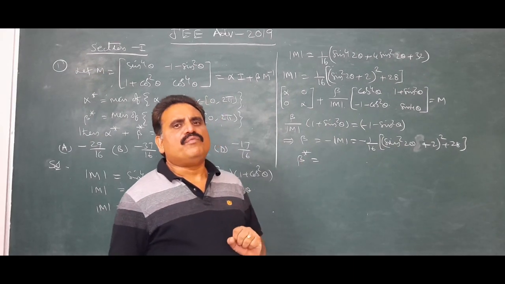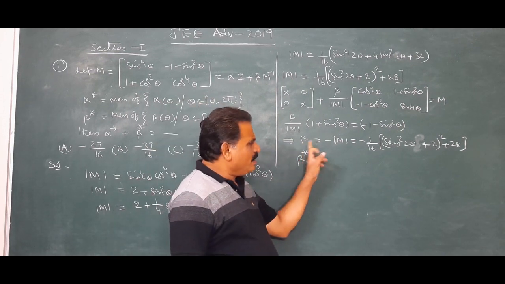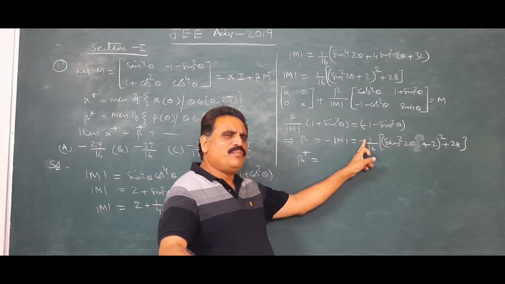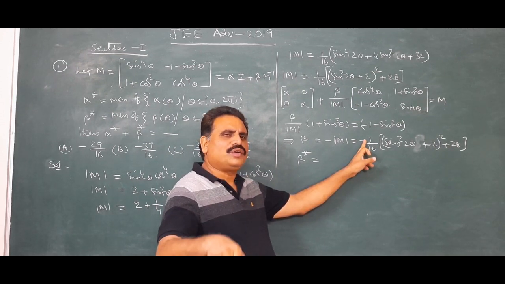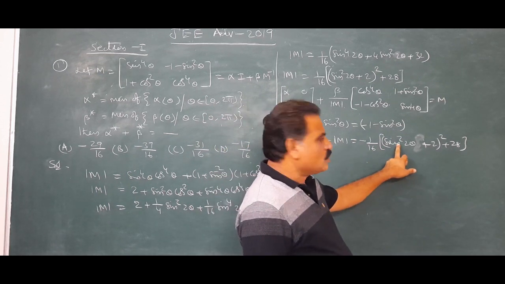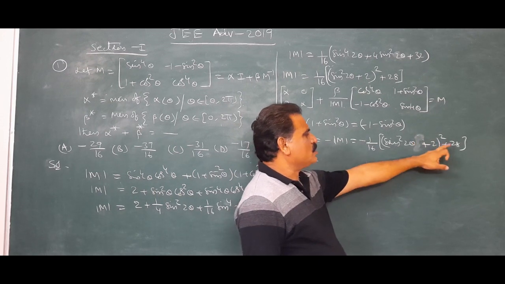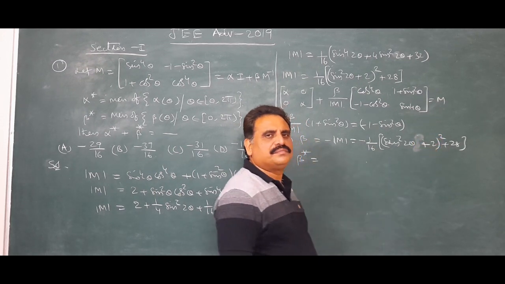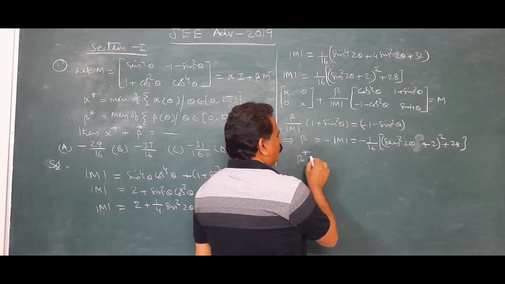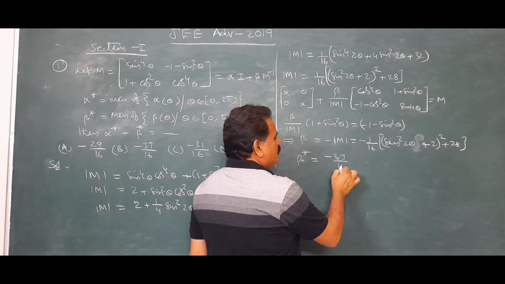But here negative is there, so minimum of beta means you have to take the maximum of sin square 2 theta. So 1 plus 2, 3, 3 square 9, 9 plus 28, 37, minus 37 by 16. So beta star equal to minus 37 by 16.